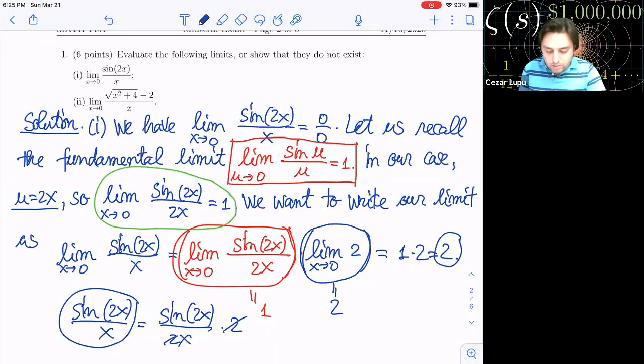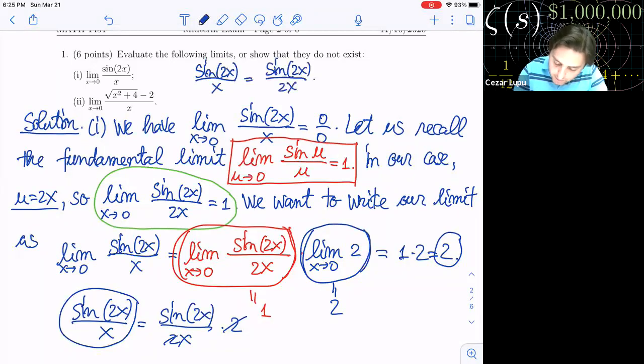Well, I would like to write this in terms of... Sine of 2x over x will be sine of 2x over 2x times 2.